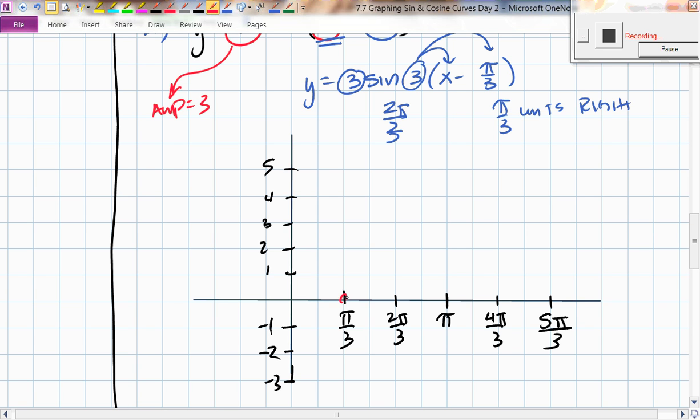That's pi over 3. The sine curve starts and ends here, right? Halfway looks like that, then up looks like that, and then down looks like this. So there's a sine curve that's been shifted over pi over 3 units.